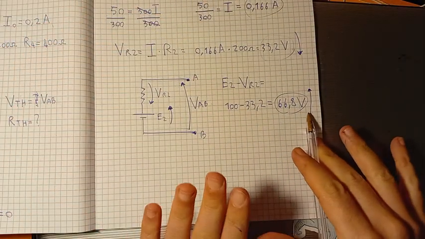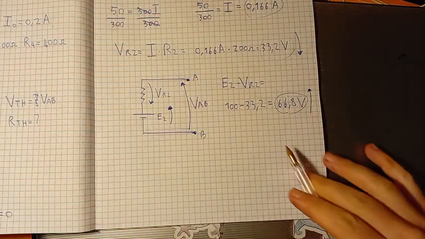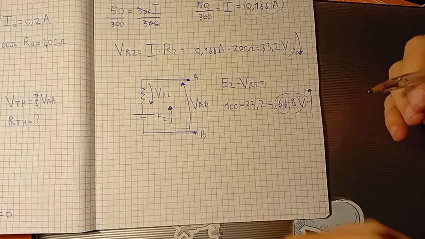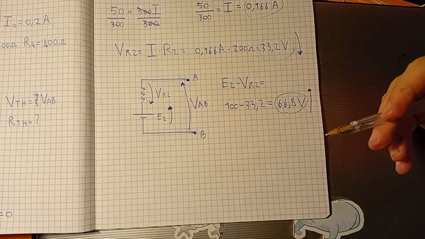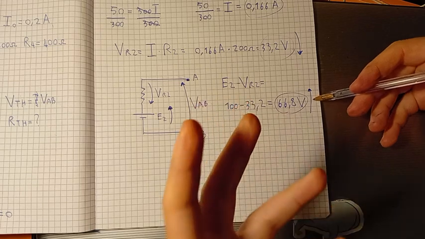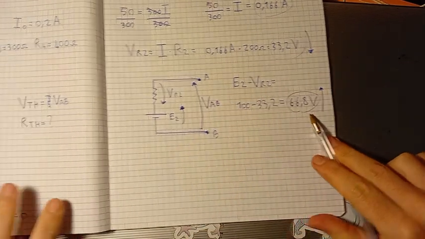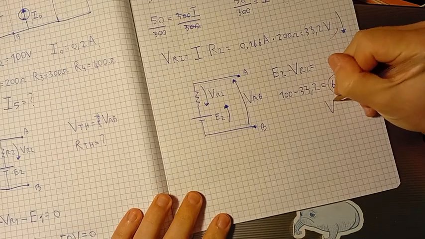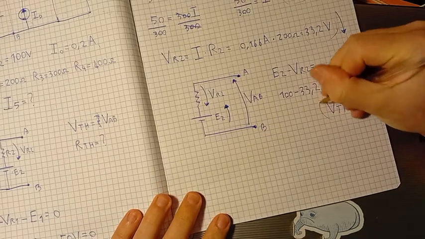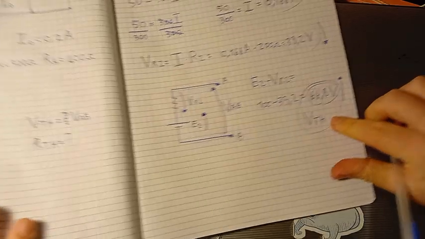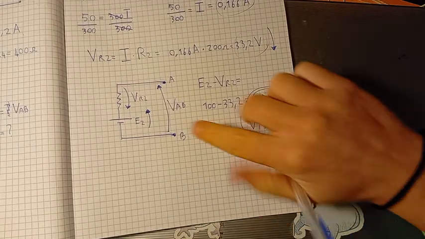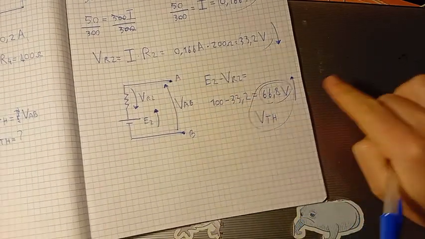So you don't just have to calculate the value, you have to remember and understand the direction. So the VAB is the Thevenin voltage source.